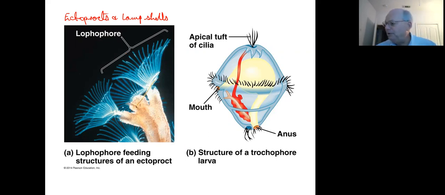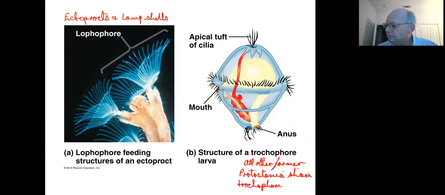All the other clades share this trochophore larval stage.